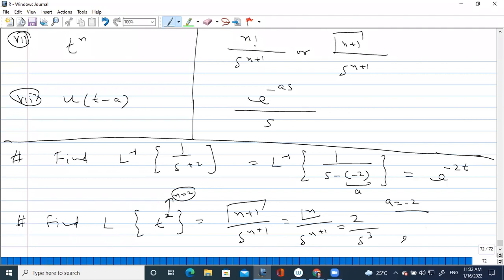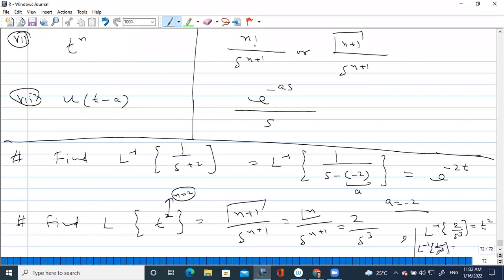Okay. Now if someone asks you what is Laplace inverse of 2 by s cube, so that answer will be t square. From here you get the idea that the 2 also should be in the numerator. If someone asks you what is Laplace inverse of 1 by s cube, you should guess how it can be solved.